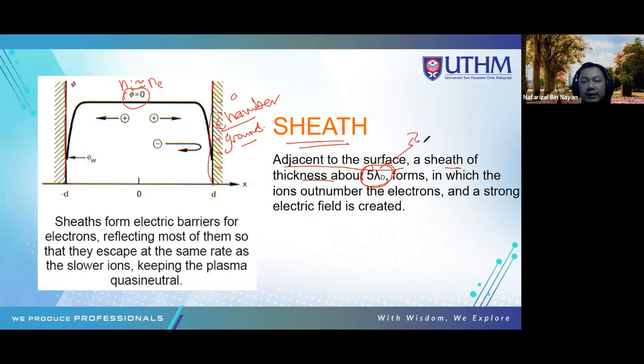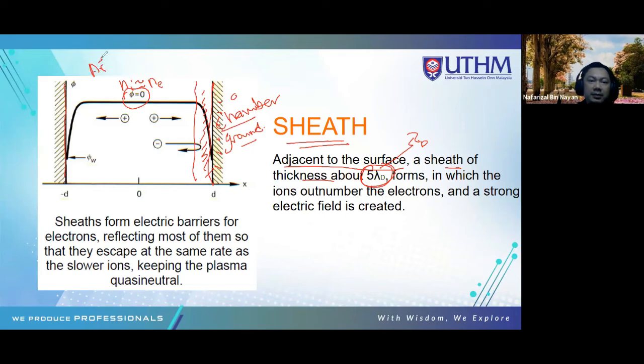We calculated the value of lambda just now; this is the Debye length, lambda D. Lambda D times 5 is what we call the sheath. The sheath is a region where it is not neutral: Ni is not equal to Ne.